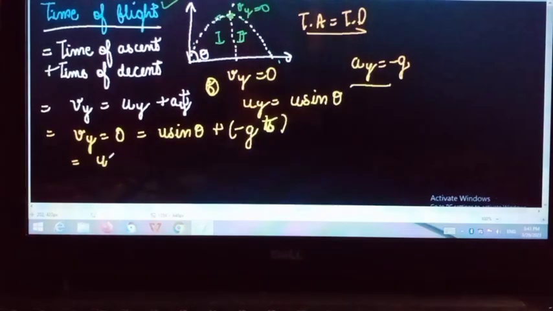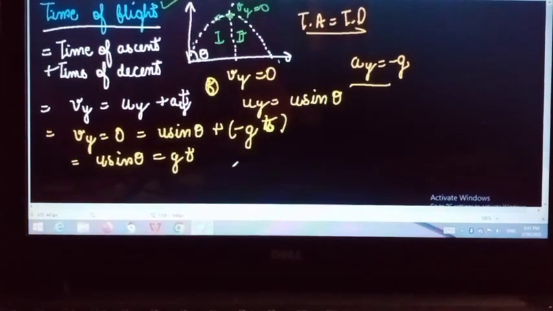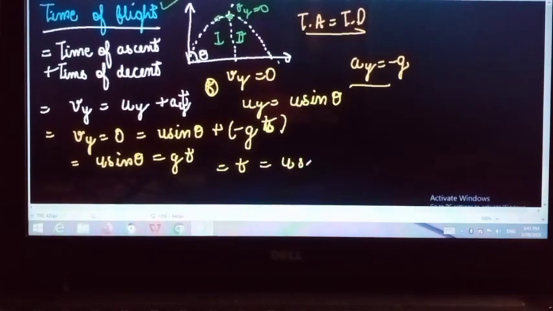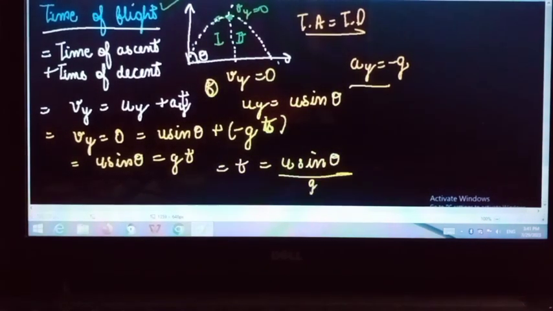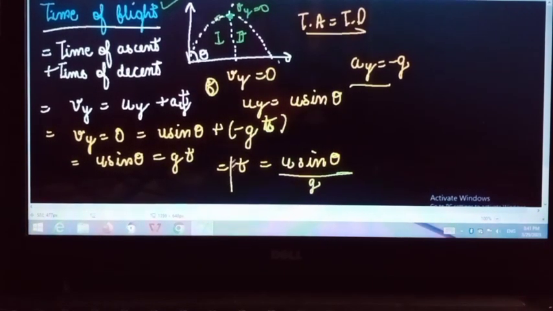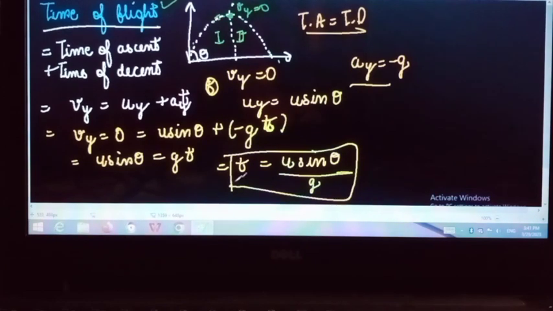We can write it as u sine theta is equal to g t. Now we have obtained the equation for time of ascent or time of descent, which is u sine theta upon g.